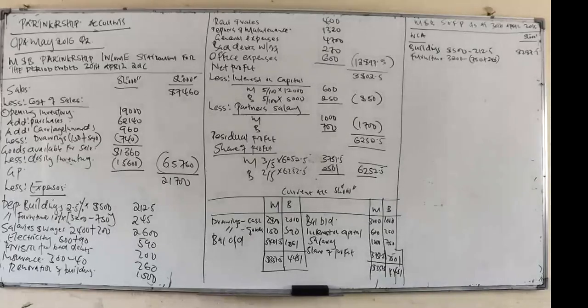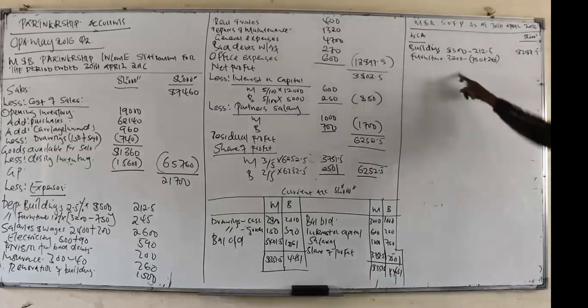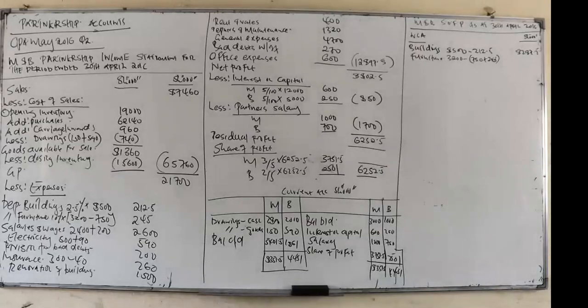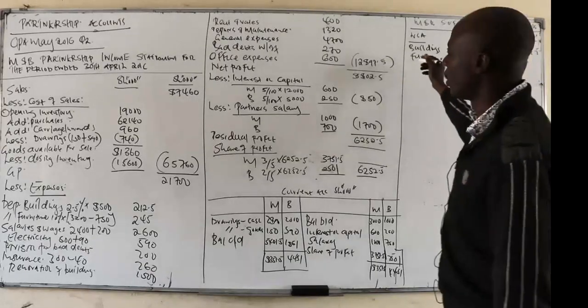To accumulate means whatever was there before plus what is there now, isn't it? Then you minus from this. So here we need to capture assets at the net book value. Net book value means the cost minus accumulated depreciation. So what do you get here? 220. So these are the only assets we have, isn't it?